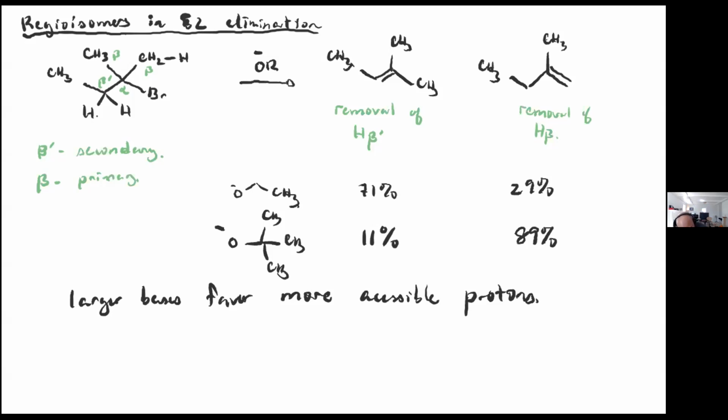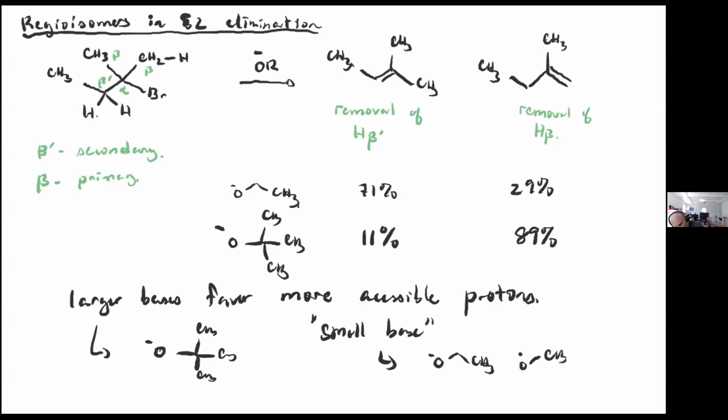So when I say a larger base, that's typically for us always going to be like T-butoxide. Okay. And a small base for us is always going to be like ethoxide or methoxide. Okay. So if you can commit that to memory, that'll help you. All right.